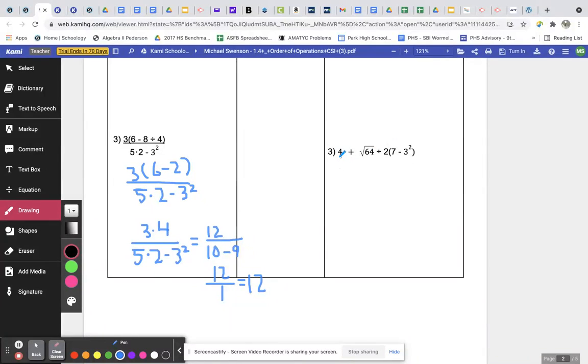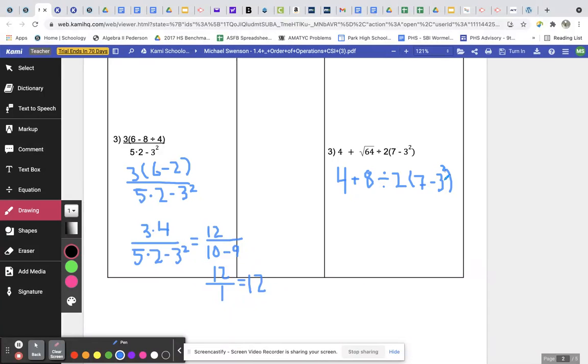All right, number 3, we've got 4 plus the square root of 64. Well, what's the square root of 64? Well, what number times itself is 64? And that's 8. We've got a division, and we've got the parentheses right here. 7 minus 3 to the second.